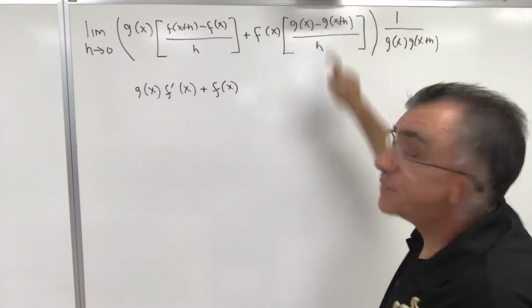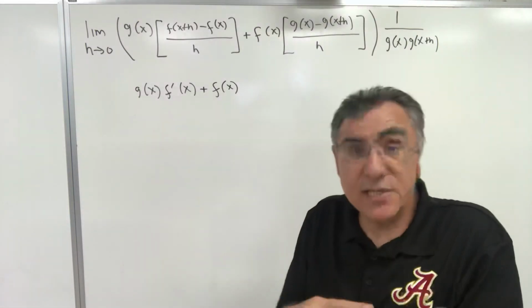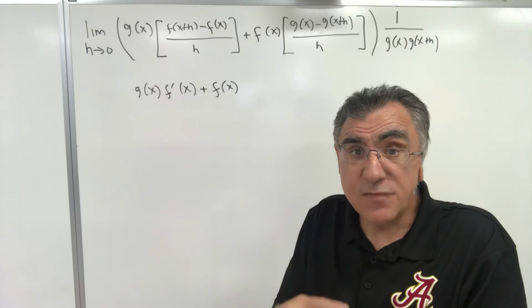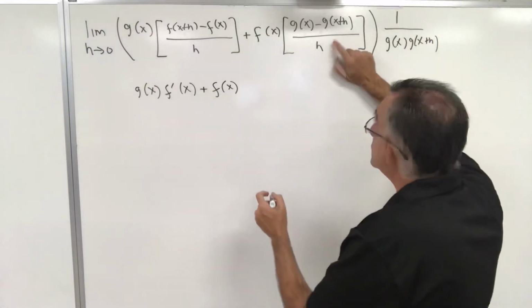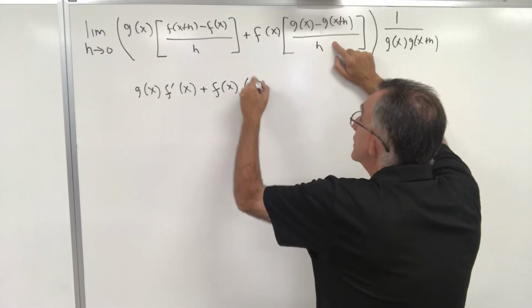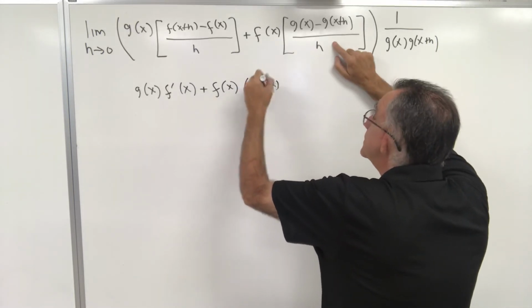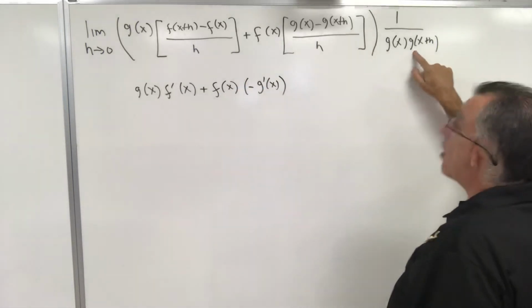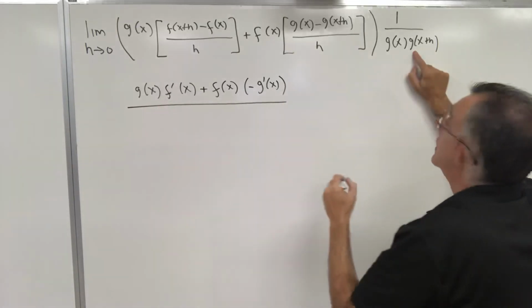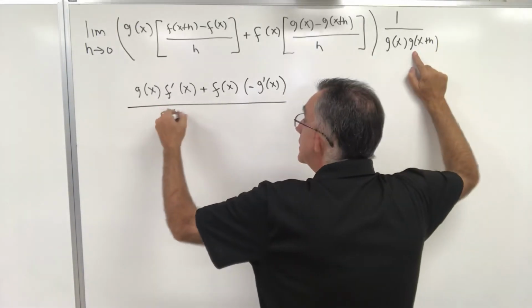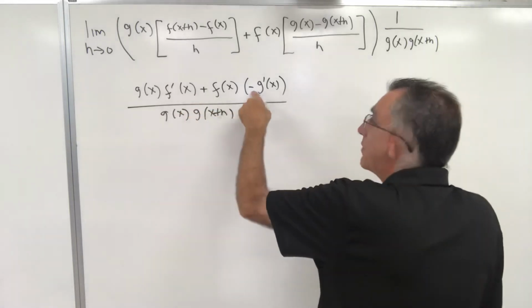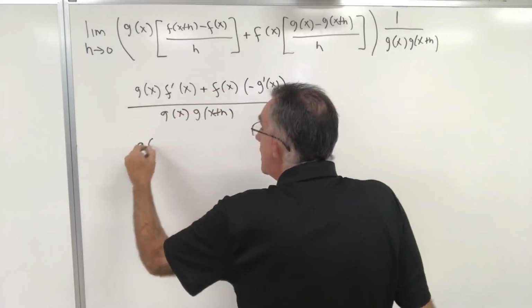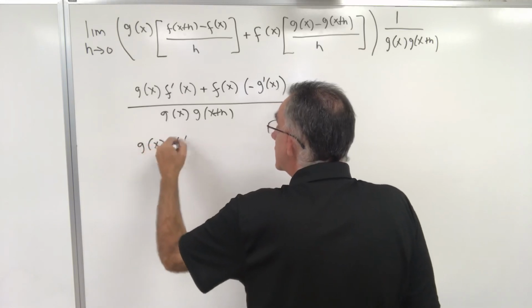A minus b and b minus a: 7 minus 3 is 4, but 3 minus 7 is negative 4. So that's actually the derivative with a negative sign on it, and then all divided by g of x plus h. Then I distribute that negative out, and yay for us, we're done.